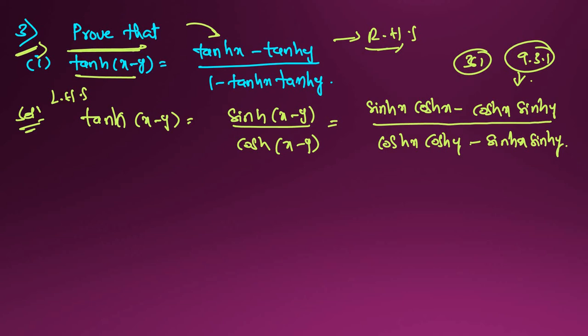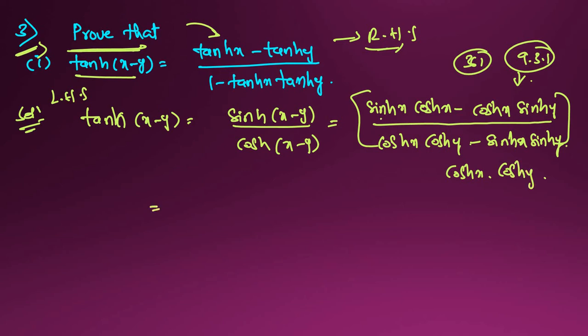So we will divide this total numerator and denominator by cosh x cosh y.